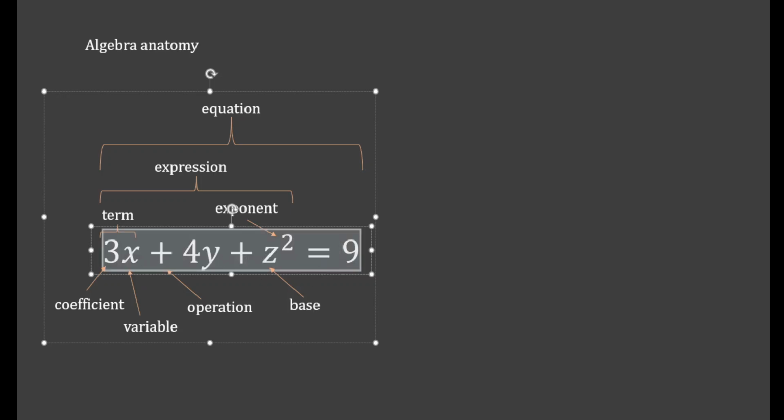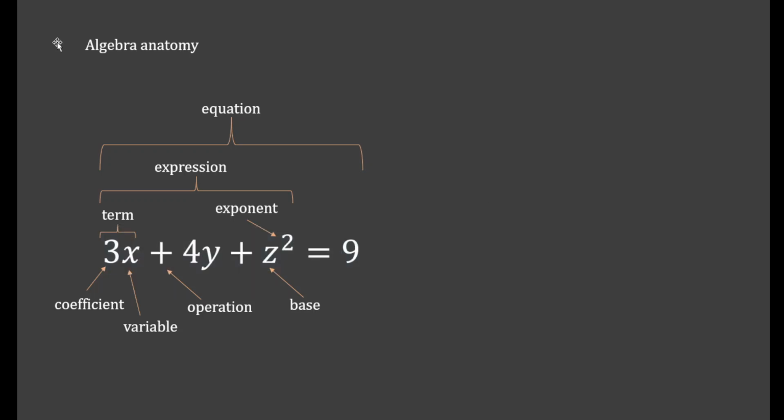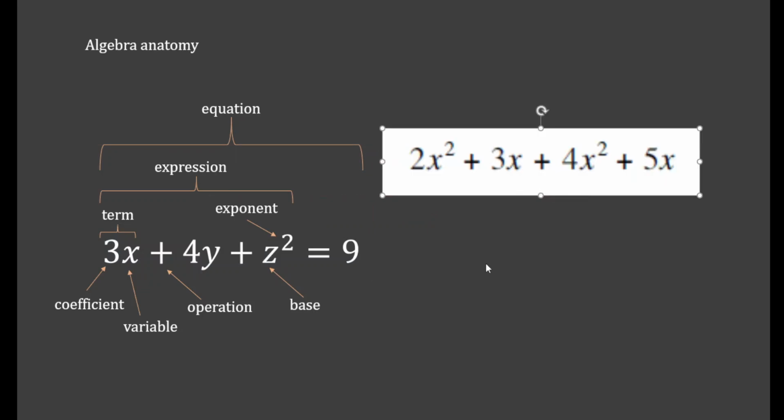So when I gave you a list of homework questions, let me pull one back up. This doesn't have an equal sign. It's a list of terms combined with operations.